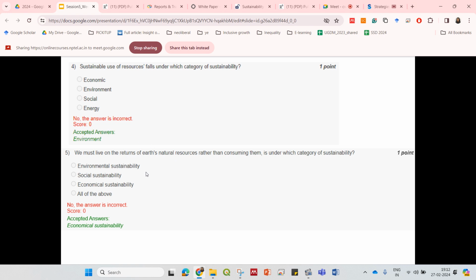But if you consider resource sustainability as living on Earth's returns of natural resources rather than consuming them, it focuses on resource sustainability as an economic resource, where we cannot consume the capital but only the returns coming from the capital. So it follows a more economic view of how we can use the resources.